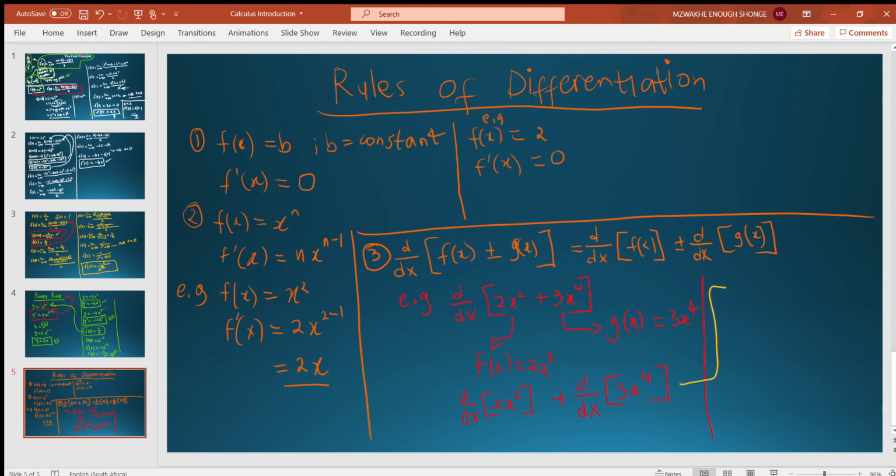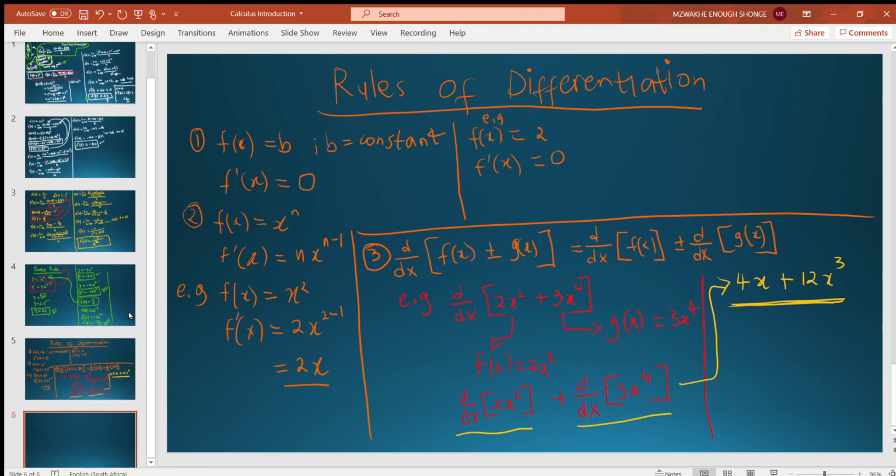The answer for this would be, using the power rule, 4x plus 12x to the exponent 3. Then this is your final answer. So you are adding or subtracting two functions, you simply add or subtract the derivatives of those functions.